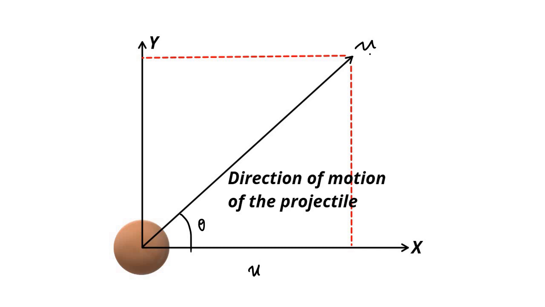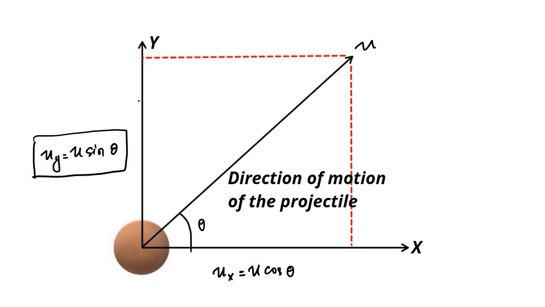The horizontal component acting along the x-axis is u cos theta, and the vertical component is u sin theta. So the initial velocity along the x-axis is called u subscript x, and the initial velocity along the y-axis, the vertical component, is equal to u sin theta.